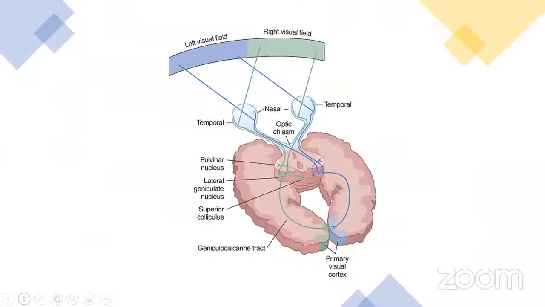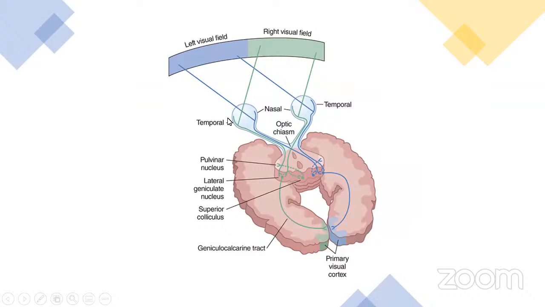The left visual field is controlled by the left side nasal retina and right side temporal retina. The right visual field is controlled by the right side nasal and left side temporal retina, and the fibers connect to the optic chiasm. From the optic chiasm, the optic tract takes it to the lateral geniculate nucleus. From there, the geniculo-calcarine tract takes it to the primary visual cortex in the occipital lobe.